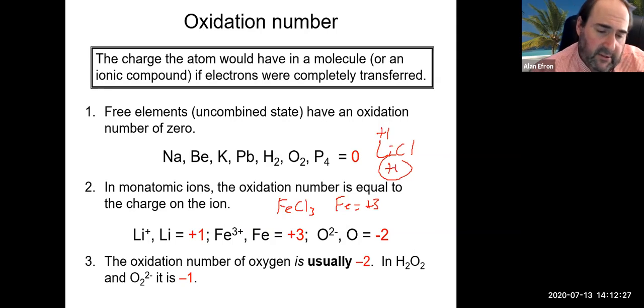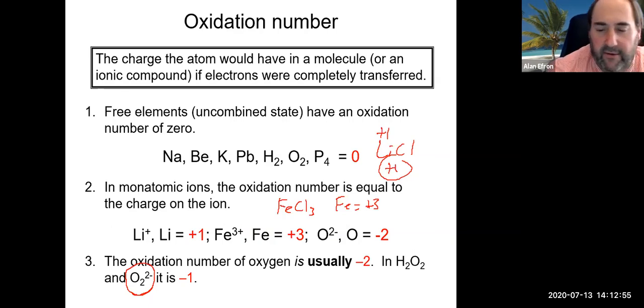The most common situation is peroxide, which is this polyatomic ion here. If you have something that's peroxide, the oxidation state of oxygen in that case is actually -1. So like H2O2, like we have up there, that's hydrogen peroxide, and the oxygen in that is actually -1.